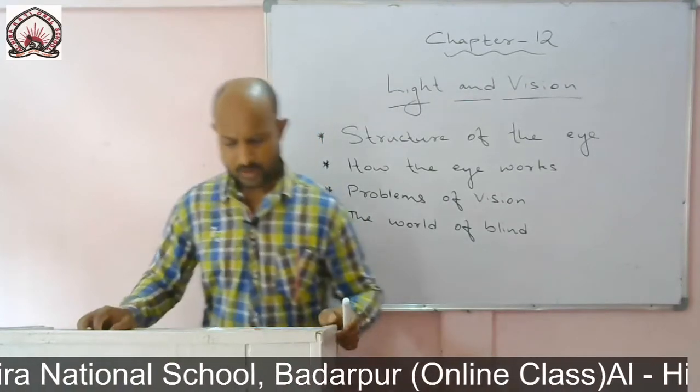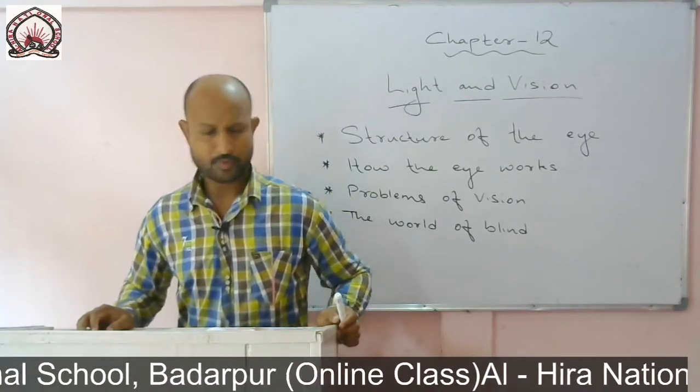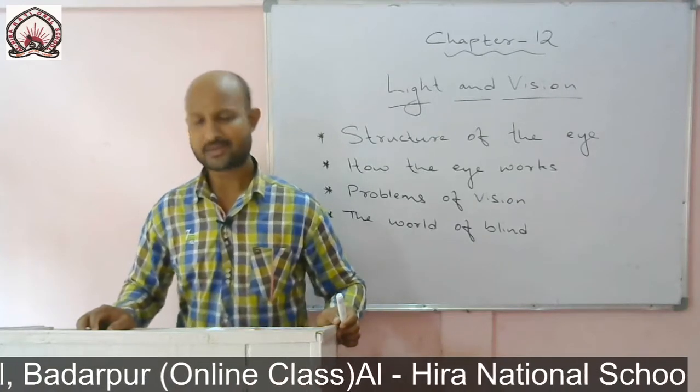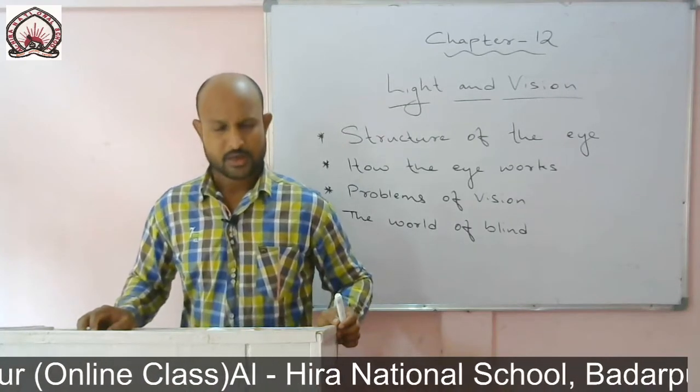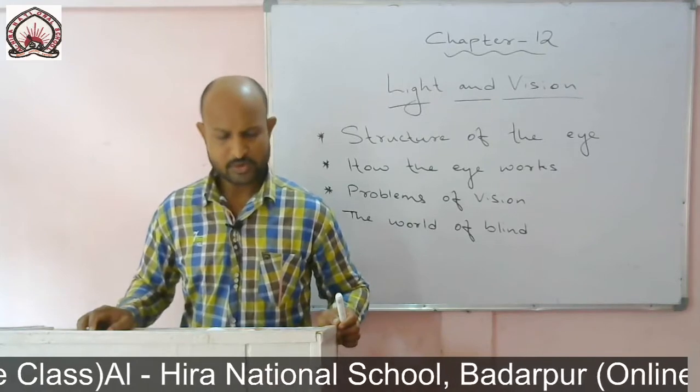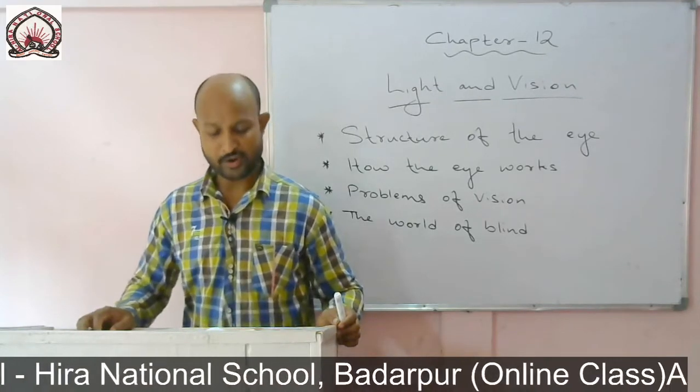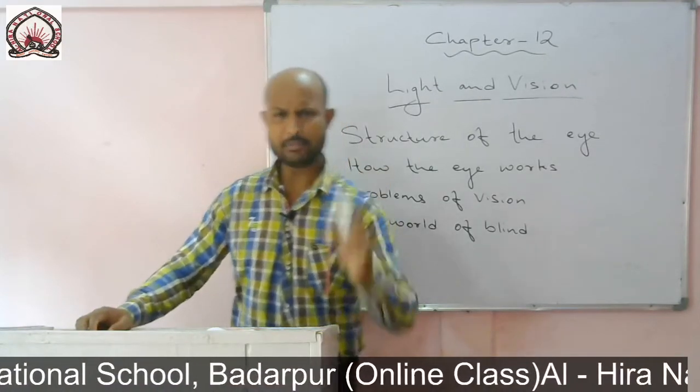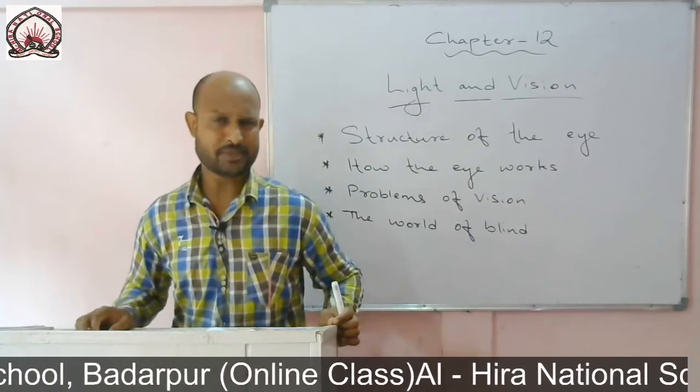Firstly, myopia. We can call this myopia nearsightedness also. When a person suffers from myopia or nearsightedness, he is unable to see distant objects clearly.